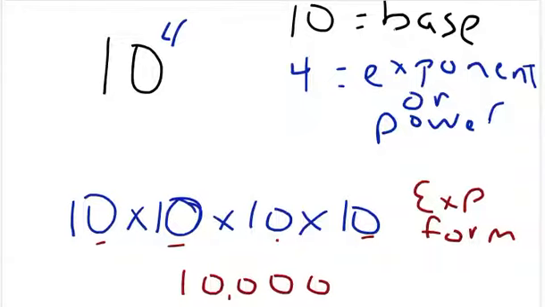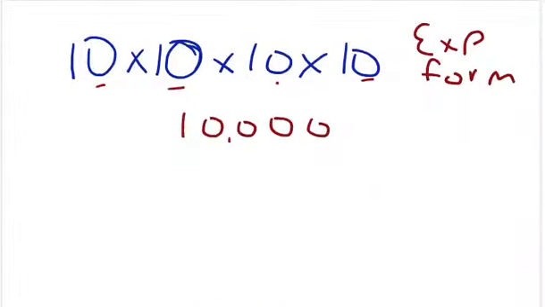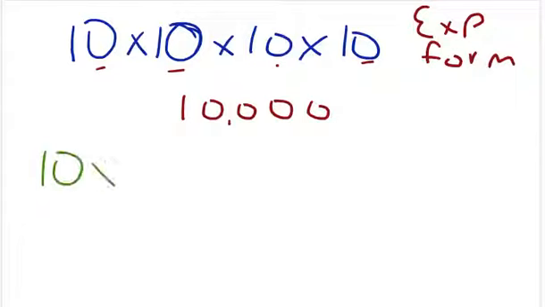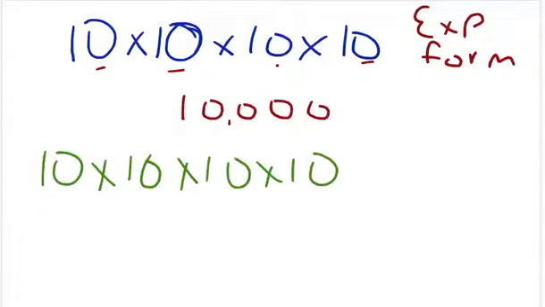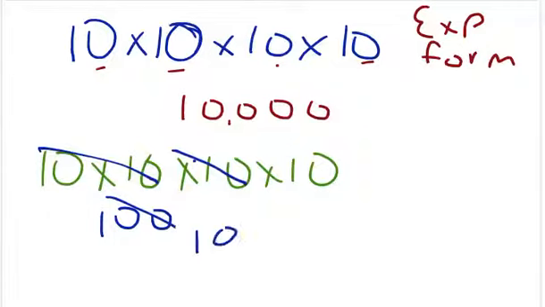I want to do the math, though, to see how that works. So 10 times 10 times 10 times 10. 10 times 10 right here is 100. And then 100 times 10 right here, times 10 more, is 1,000.